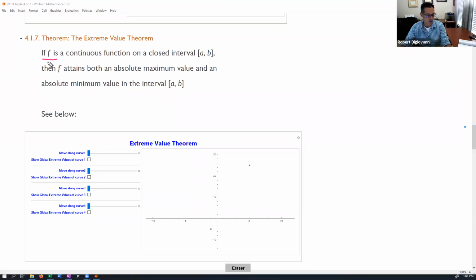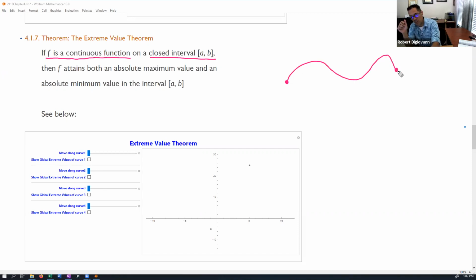There we go. Okay, so the theorem says if f is a continuous function. That in itself means that if we're looking at a function that you can basically draw without picking up your pencil, and we're looking at that continuous function on a closed interval. Now that's also important. It means that the graph is going to start somewhere at a point, you draw it without picking up your pencil, and it's going to stop somewhere.